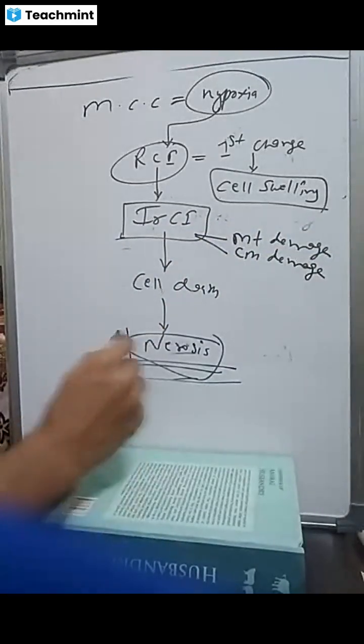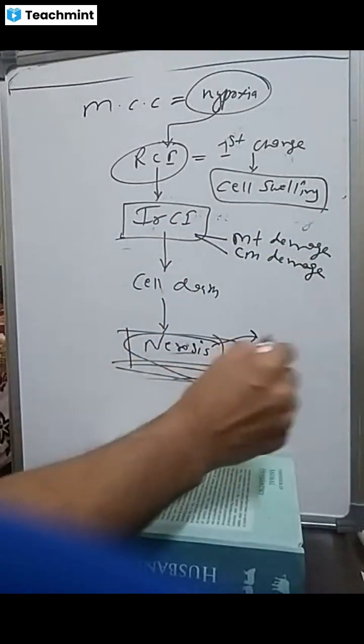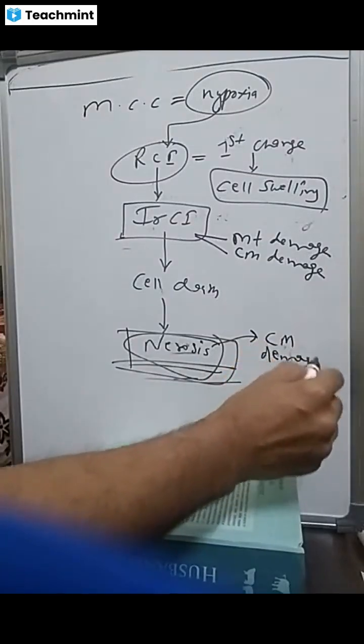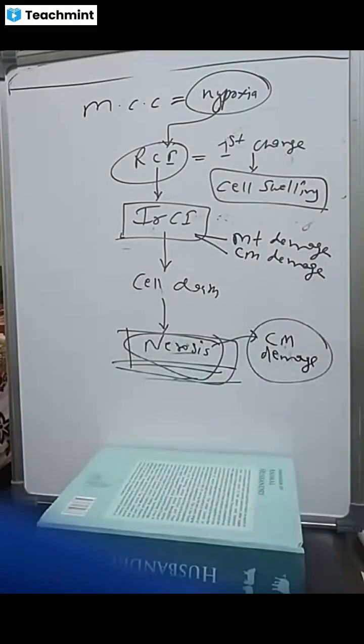It means in case of necrosis, cell membrane damage has already occurred. If the cell membrane is damaged, then there will be leakage of cell content.